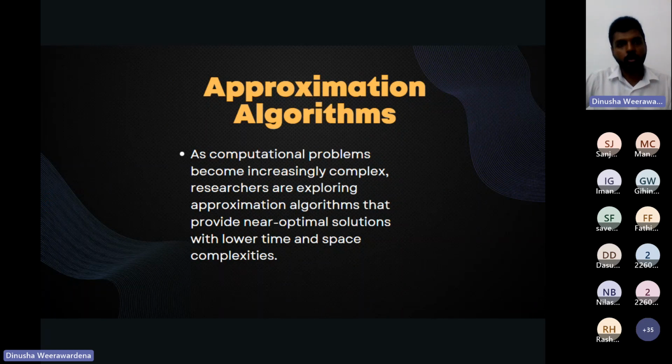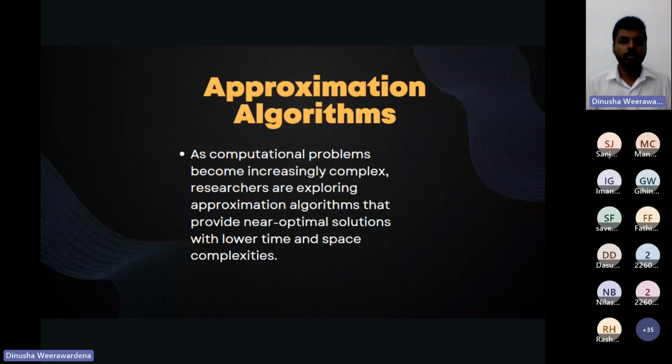In this, we are talking about approximation algorithms. The second area of research involves the development of approximation algorithms within the RAM framework. As computational problems become increasingly complex, finding exact solutions may be computationally infeasible or time-consuming. These algorithms offer an alternative approach.